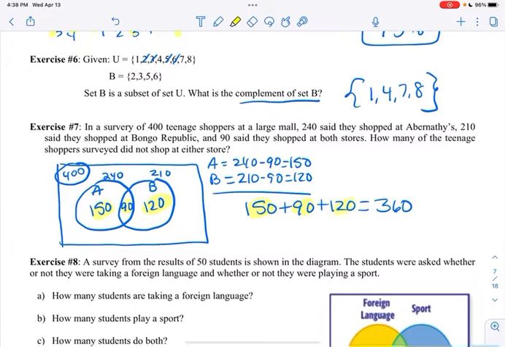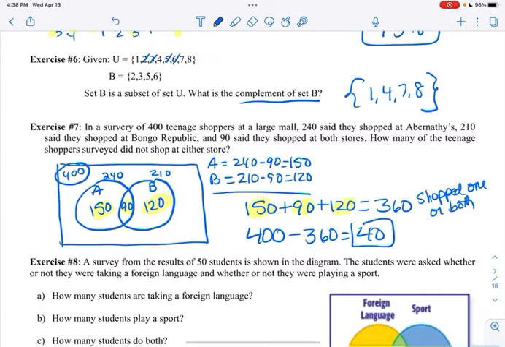Those all added up to 360 people. They shopped at one or both. There's 400 total, so if I do 400 minus 360, that means there's 40 people that didn't shop at either store. So that one we had to think about a little bit more for sure.